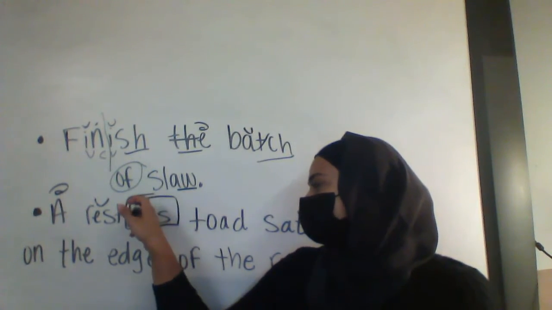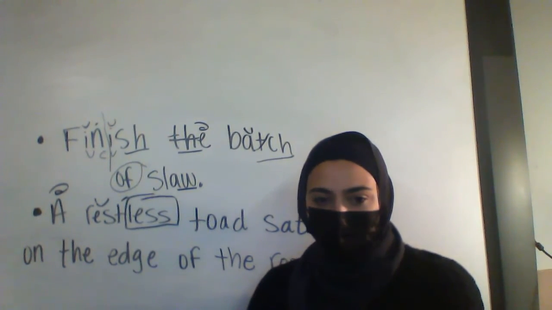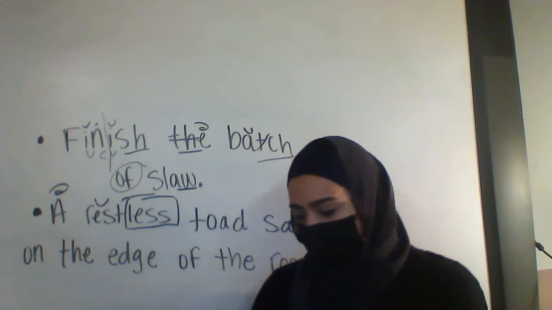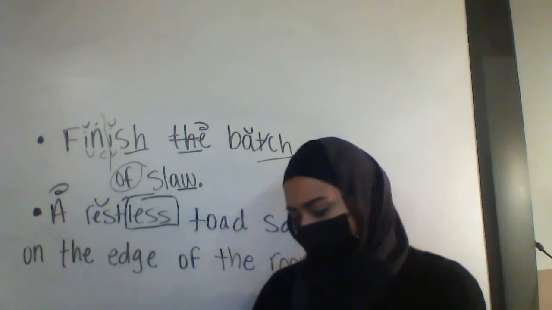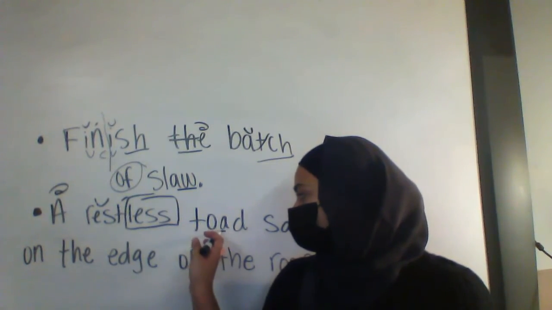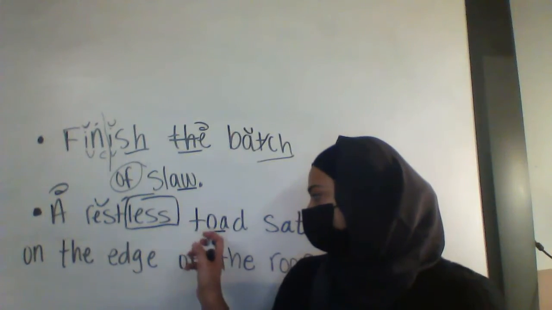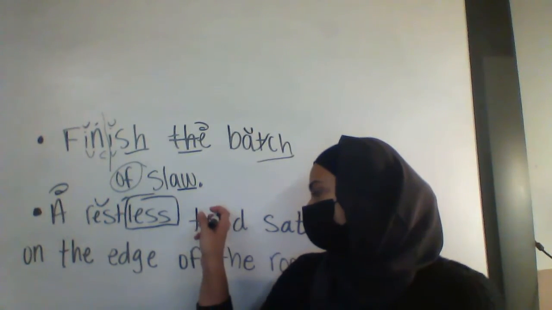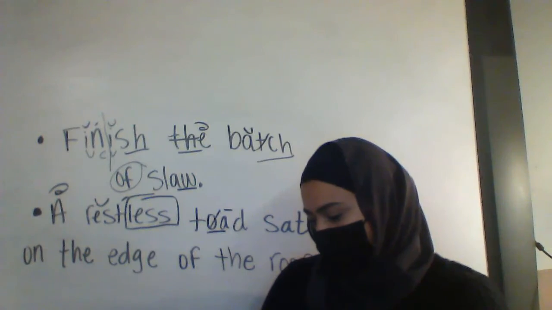You box it because it's a suffix, less. Very good. And then an accent before it. All right, JC, how about toad? And a on the A. Excellent job. Dominic, sat.